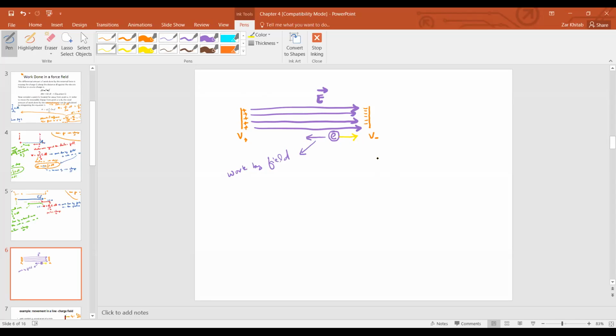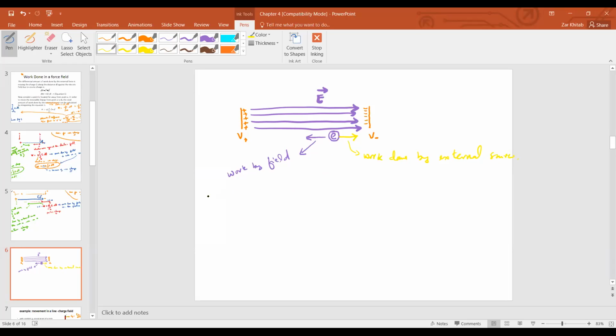If the electron moves in the other direction, that is the work done by an external source, right? So there's a little difference, and the difference is only in the sign.